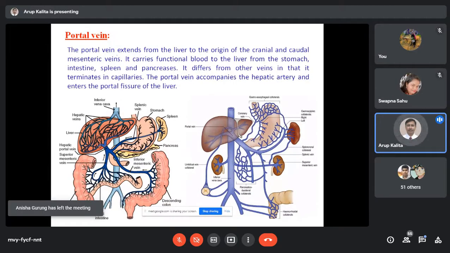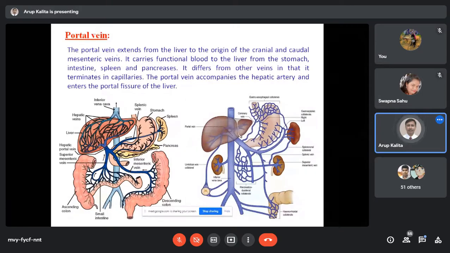So portal vein is different from the other veins. In other veins, what will happen? Capillaries join together to form the venule. The venules join together to form the vein. The veins are joined together to form the vena cava. So ultimately there will be 2 vena cava, posterior vena cava and anterior vena cava.